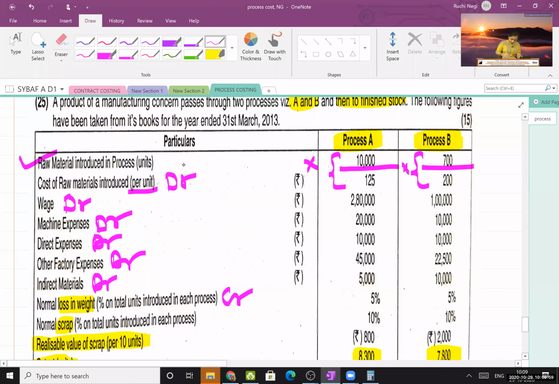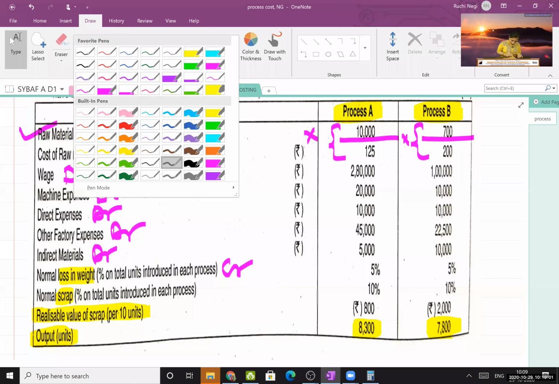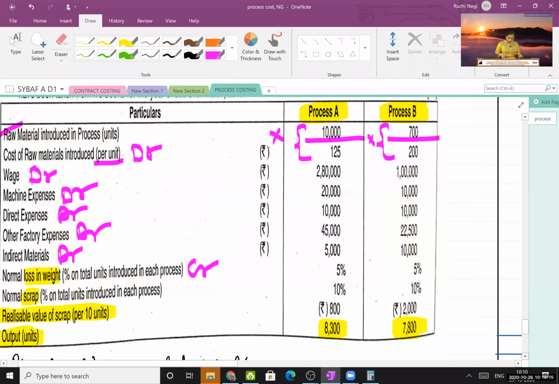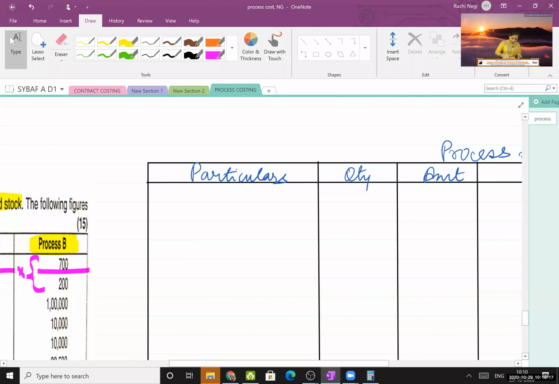And I'll just add here: prepare necessary ledger accounts. ठीक है? So let us start. To raw material introduced, input.